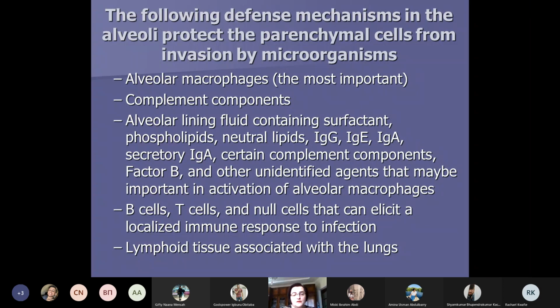Once the microorganism is phagocytized, the macrophage will destroy it, if it can, and present microbial antigens on the surface to B and T cells.